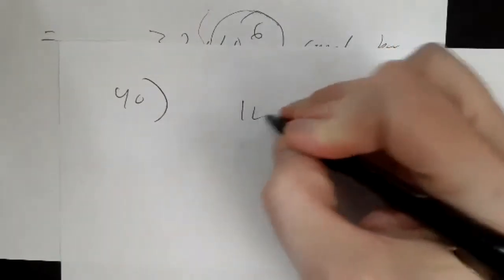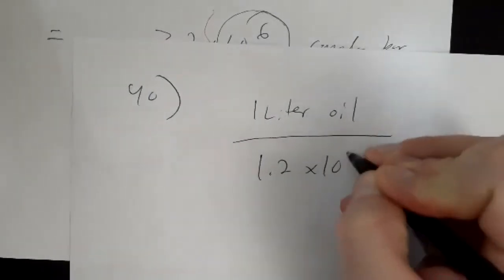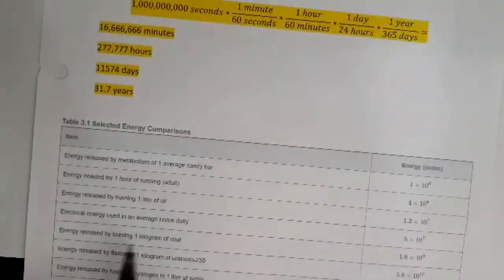Okay, so 40 says how many liters of oil are required to supply electrical energy for an average home for 1 year. So energy released by 1 liter of oil. The 1 liter of oil is going to give us, and we can kind of write these things 1.2 times. And electrical energy used in an average home daily, is that what they said? For the year. Did they give us? Looks like they're giving us it.